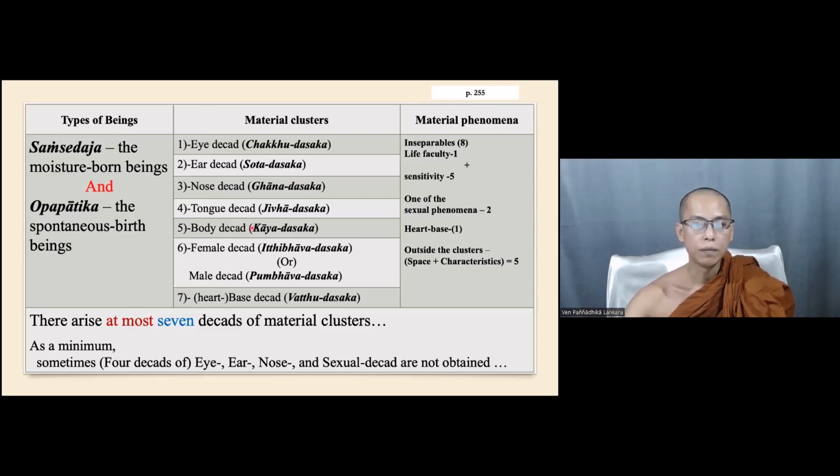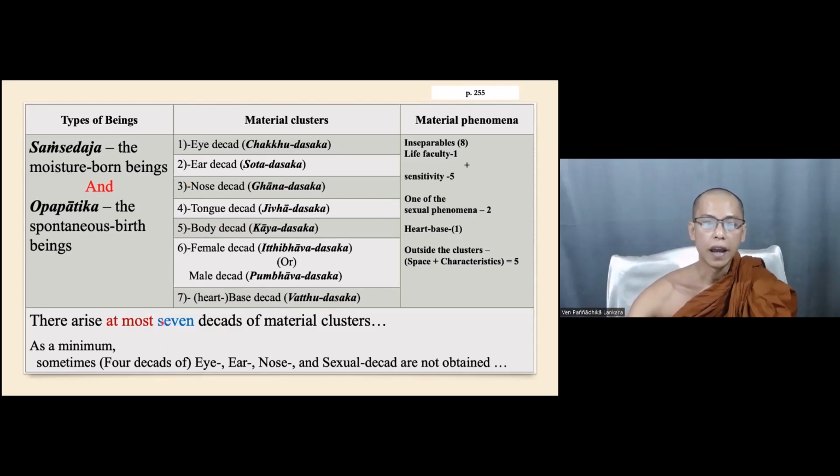For the female, they get only the itthibhava decad, the female decad. For the male, they get the pumbhava decad, the male decad. And the heart-base decad. For beings born in the sensual world, our consciousness depends on the heart base. So here, seven decads can be found at the moment of rebirth linking consciousness.